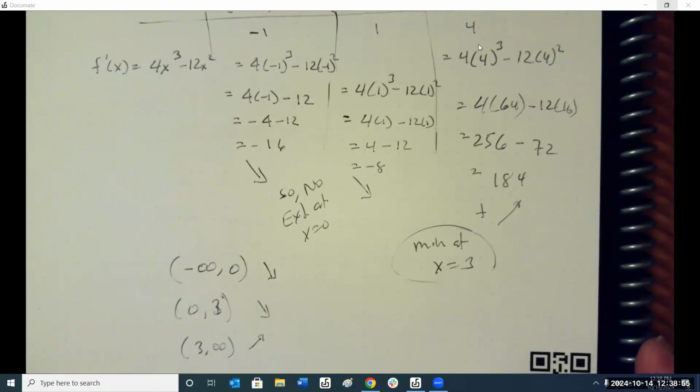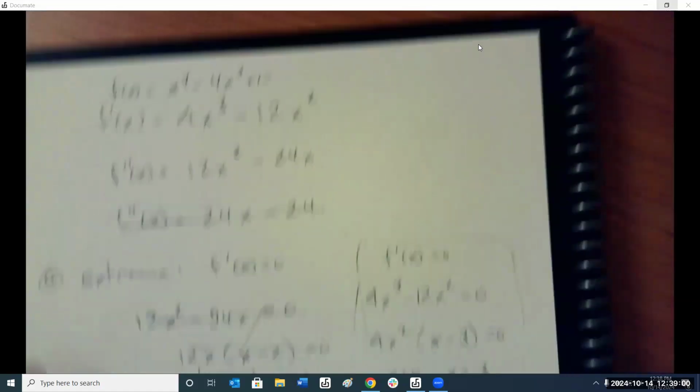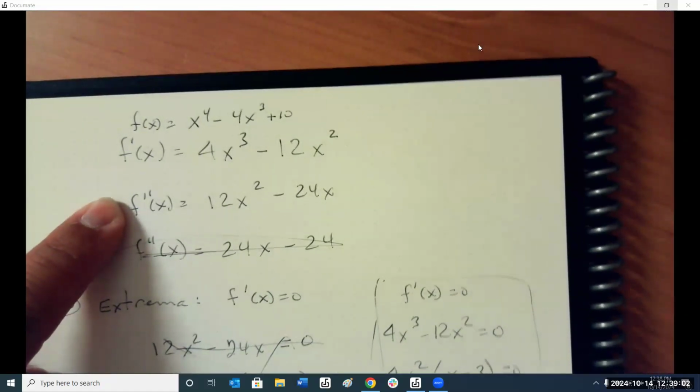Let's see. Find where the graph is concave up and concave down. For this, we have to use the second derivative, 12x squared minus 24x.